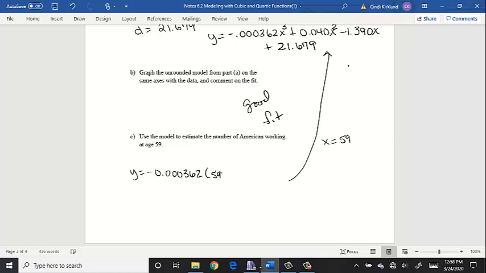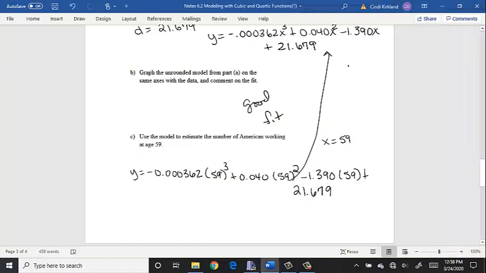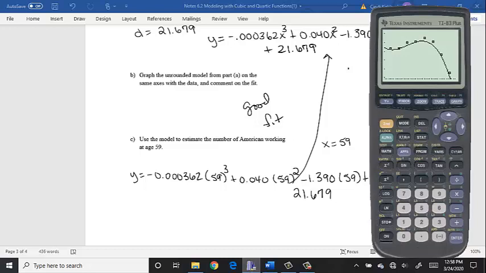0.000362 times 59 cubed plus 0.040 times 59 squared minus 1.309 times 59 plus 21.679. So you should go to your calculator and we could just put in that information.